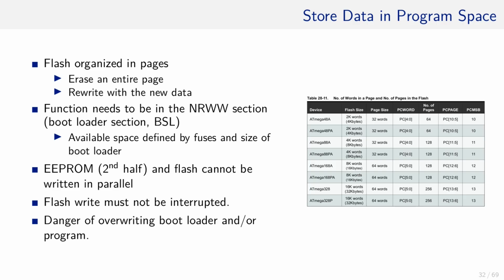Further, the program memory is divided into the so-called no read while write and a read while write section. What the differences are, we will see in a bit. Also, do note that the EEPROM, which we will discuss in the second half of this chapter, and the flash cannot be written to in parallel.